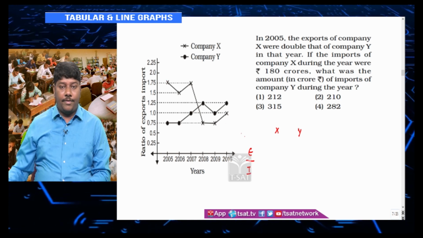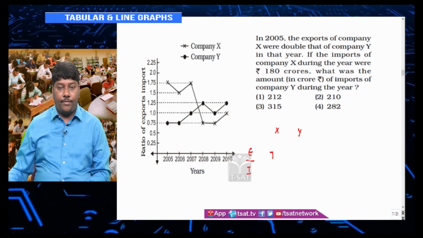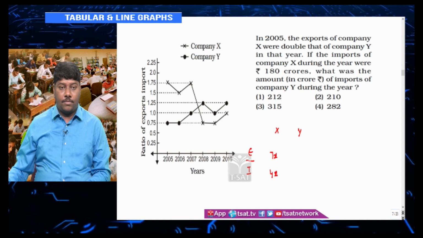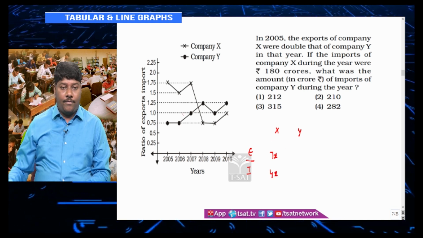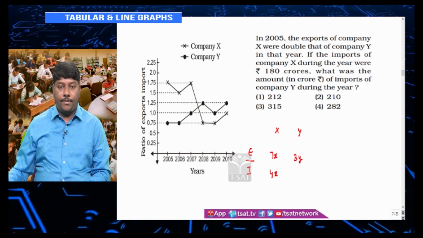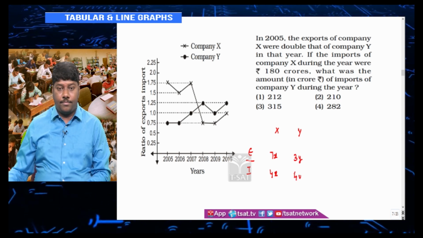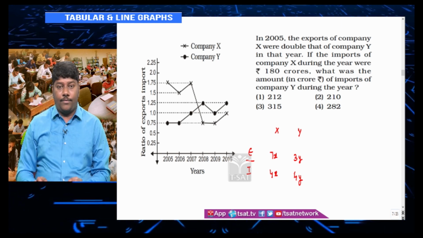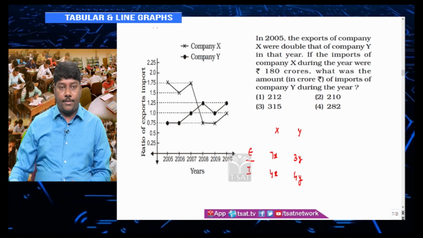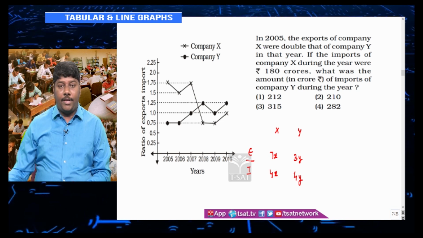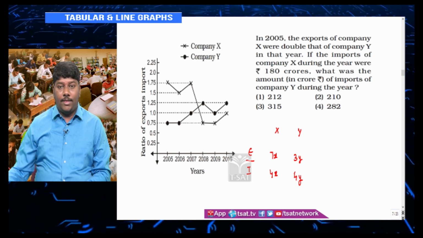It is 1.75, I would take it as 7/4, I will take it as 7x and 4x. For Y, exports by imports is 0.75, which is 3/4, I would take it as 3y and 4y. These are the exports and imports in 2005 of X and Y companies. And what he says is that in 2005 the exports of company X were double that of Y.